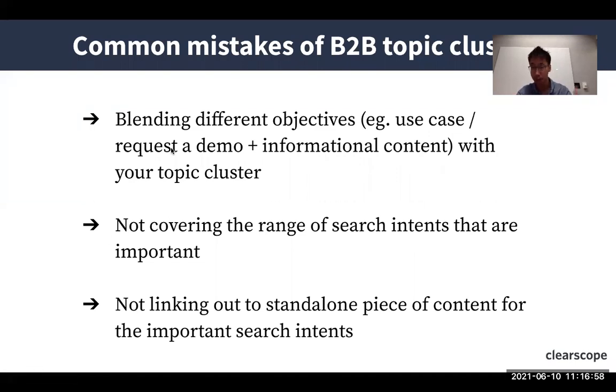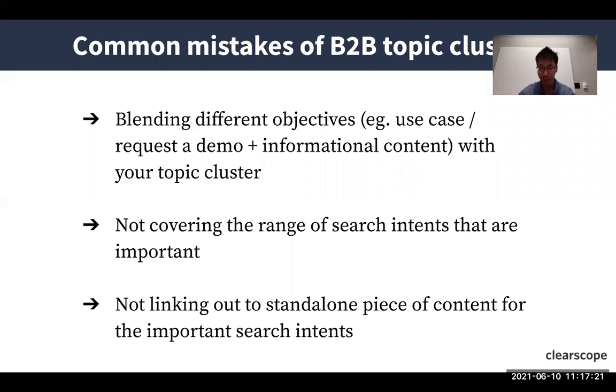Another very common mistake that we see within B2B topic clusters is not covering the range of search intents that are important. A lot of people will just go with the questions, right? Who, what, when, where, why, answer those, maybe put in a little bit of boilerplate around other features, and then call it good.